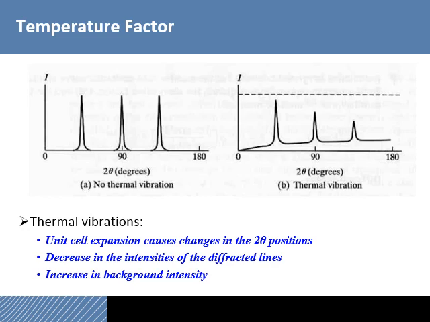But once thermal vibration starts, this results in expansion of the unit cell, which will cause the lattice parameters to be larger and shift the 2 theta positions. It will result in a decrease in the intensities of the diffracted lines, and an increase in the background intensity. The plot on the right-hand side shows what a potential plot might look like with and without thermal vibration.